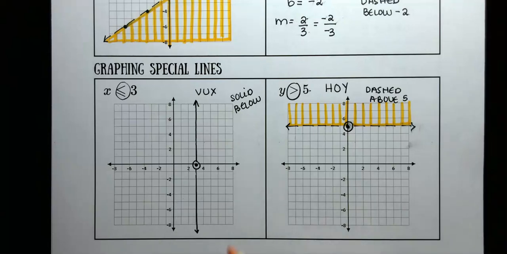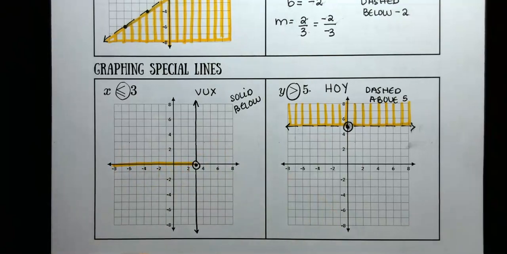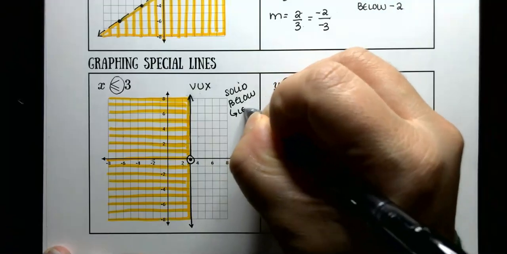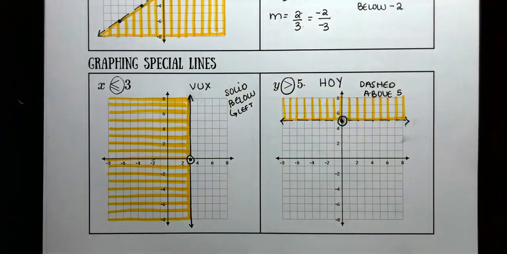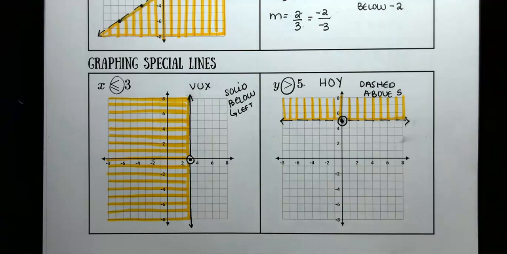So we're going to shade everything to the left of this line. Even if we have a vertical line, we can still do a solution set using left and right instead of above and below. So what we normally would use as below would be to the left, and what we use as above would be to the right.